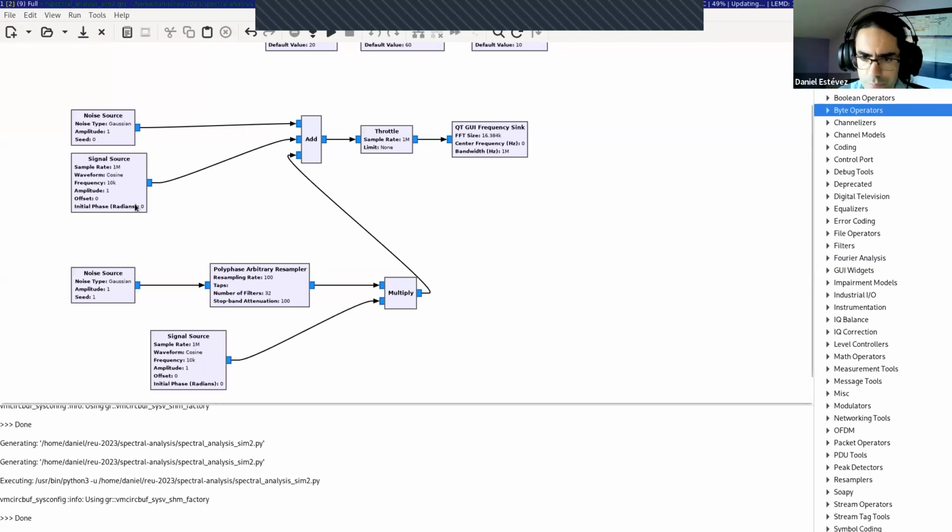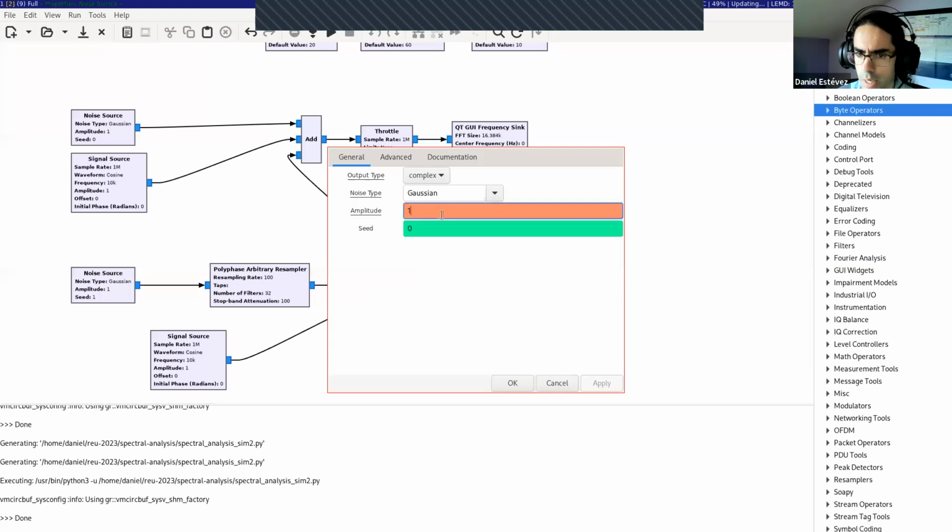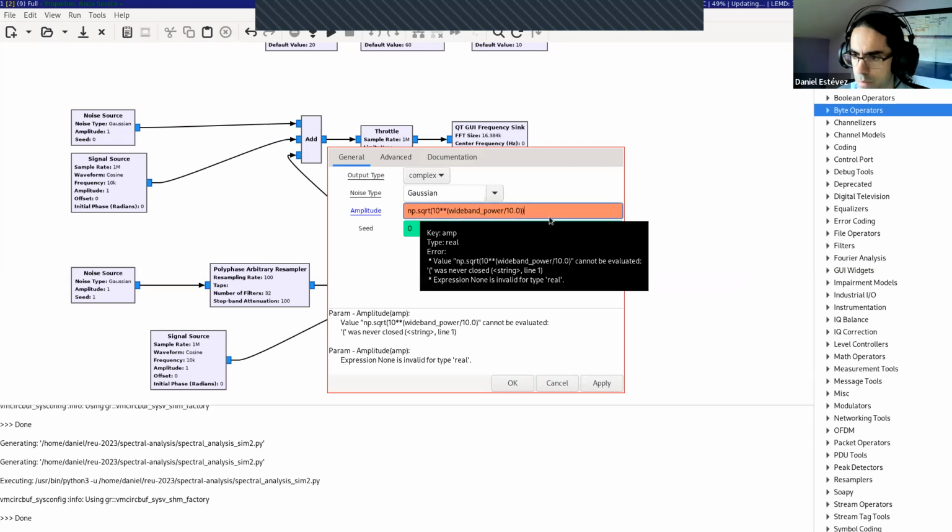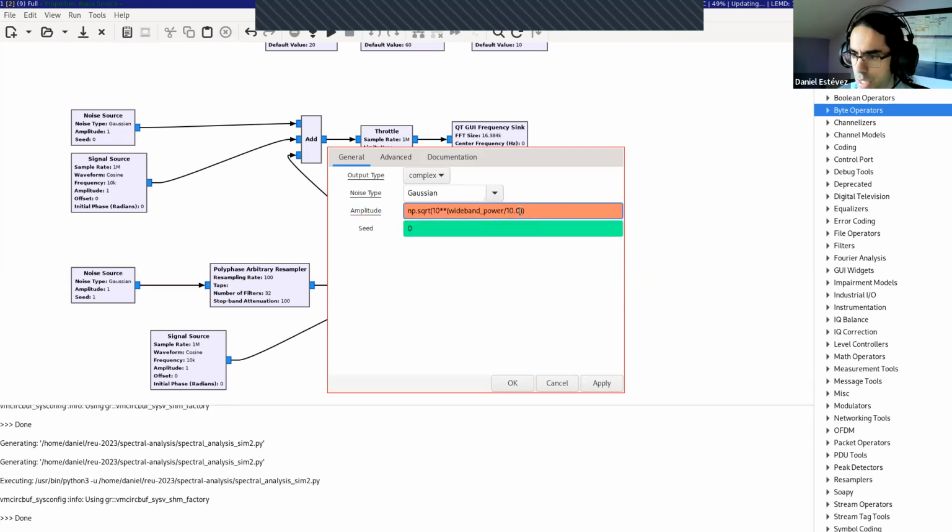So the amplitude for this is the square root, because we need the amplitude. And we want to use the wideband power divided by 10. So this gives us the signal to noise ratio in linear units.